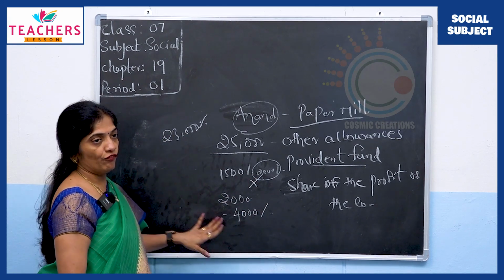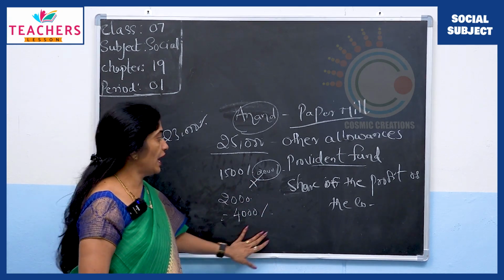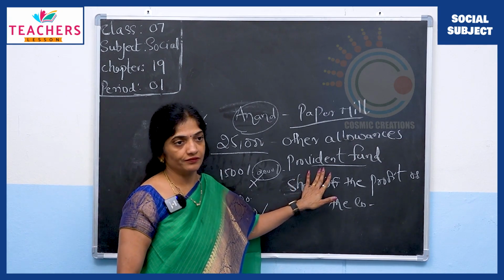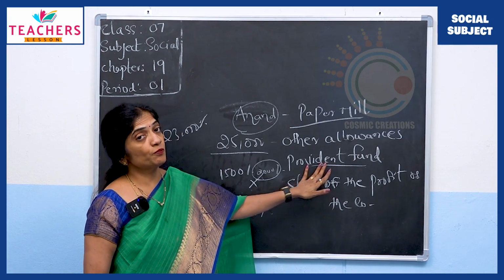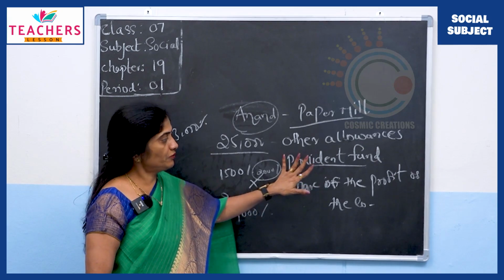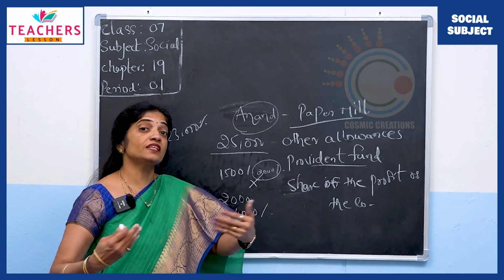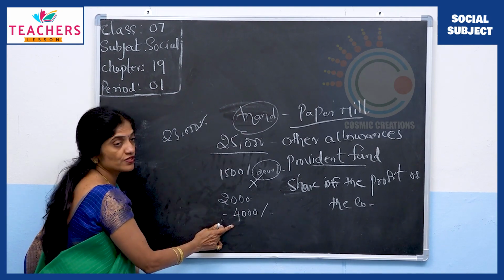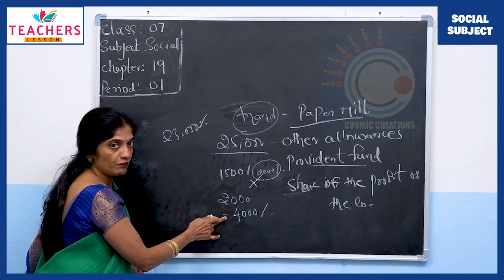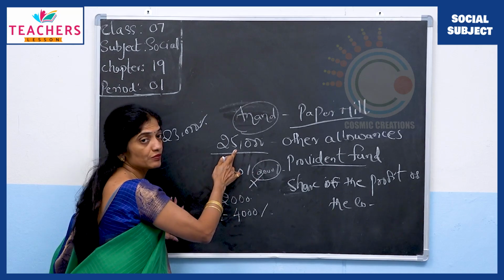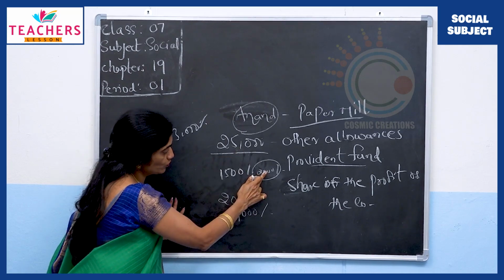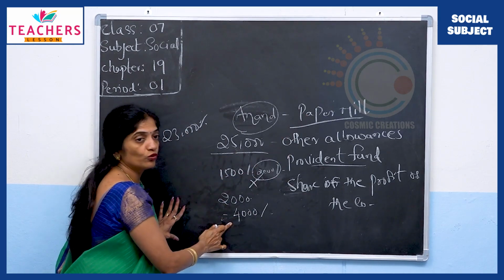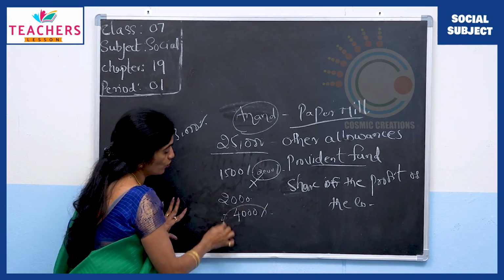Every month 4,000 rupees will be added to the provident fund. This provident fund is like a saving amount kept in one corner. He is not supposed to touch this 4,000. Every month 2,000 is deducted from his 25,000, and for that the company adds another 2,000. So a total of 4,000 will be considered as provident fund.